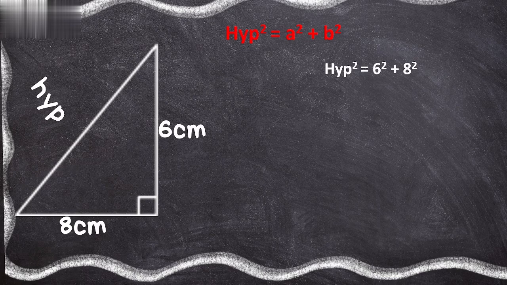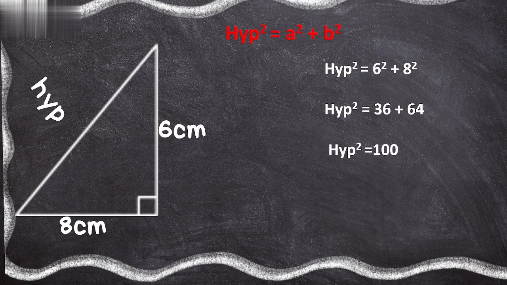So we substitute into the equation. We have hypotenuse square is equal to 6 square plus 8 square. We keep solving. We have hypotenuse square is equal to 36 plus 64. We solve the math there. We now have hypotenuse square is equal to 100.